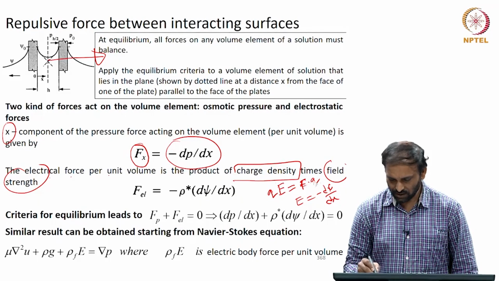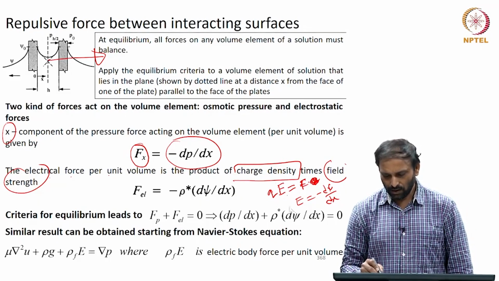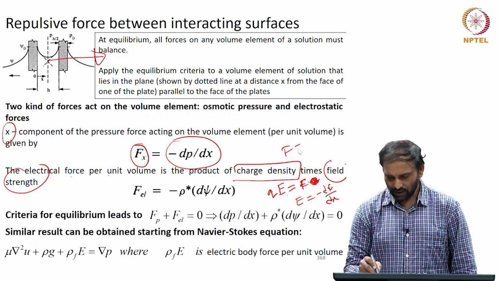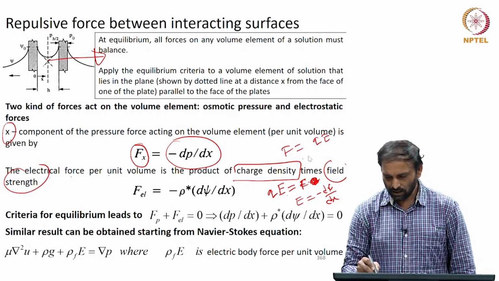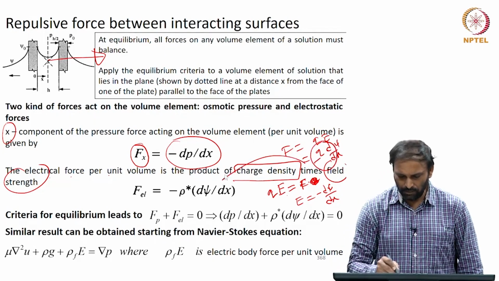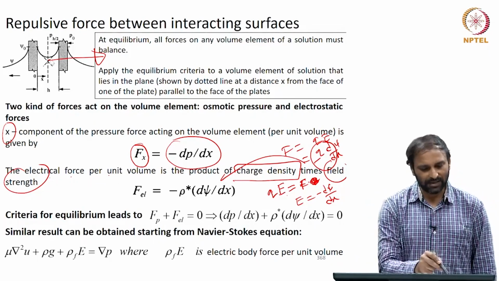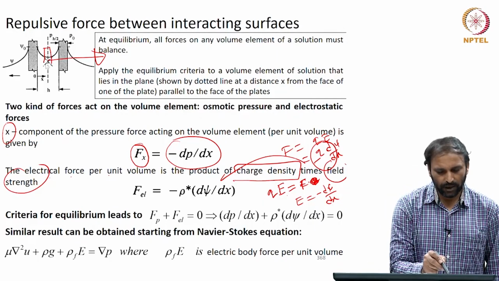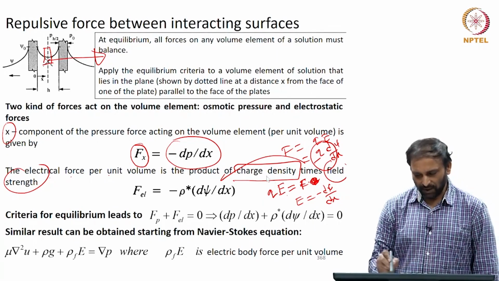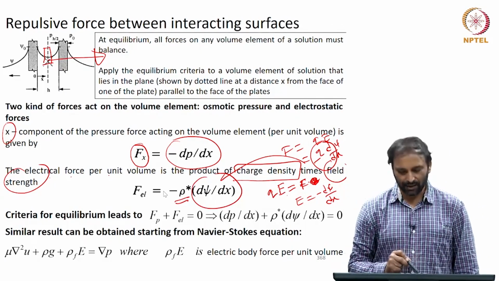So, this is F is E times Q, and therefore, I can write F as Q times E, that is minus Q times d psi by dx. So, therefore, one could write the electric force per unit volume that is acting on a fluid element that is considered is given by the charge density rho star times the gradient in the potential.